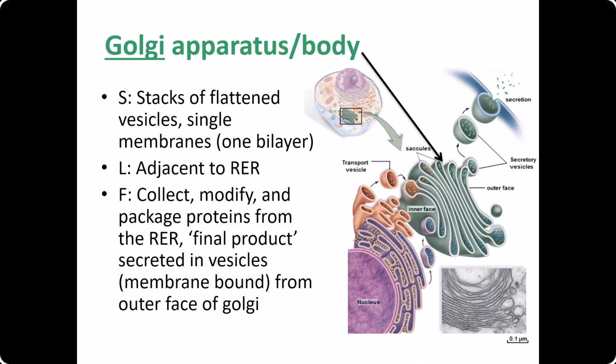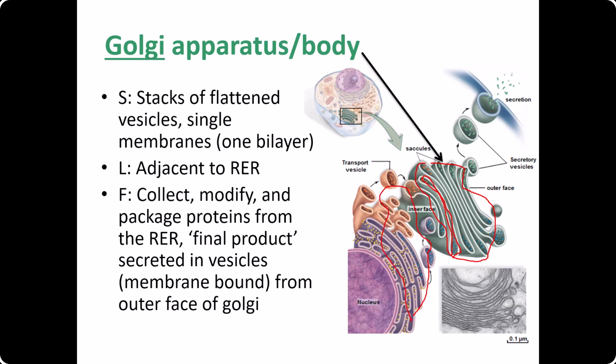The Golgi body or Golgi apparatus is another membranous organelle. So the Golgi body is this kind of series of membranous pancakes stacked on each other. Each of these little membranous pancakes is a single membrane with one bilayer of phospholipids. The Golgi apparatus is near the endoplasmic reticulum here.